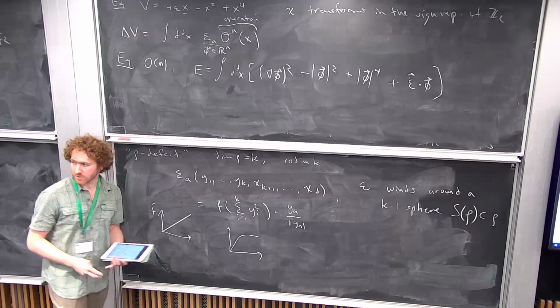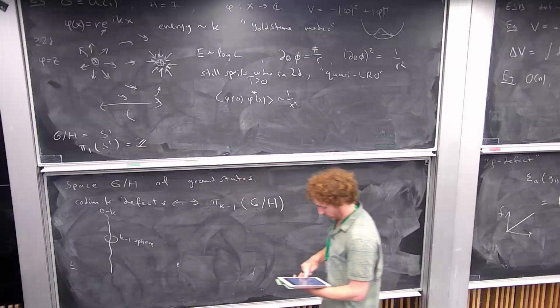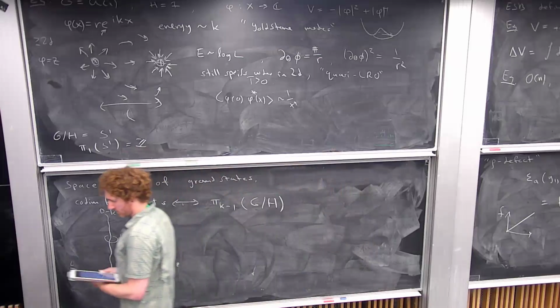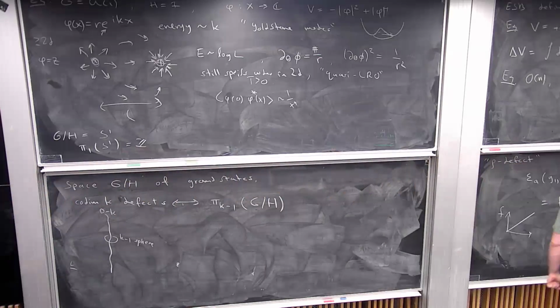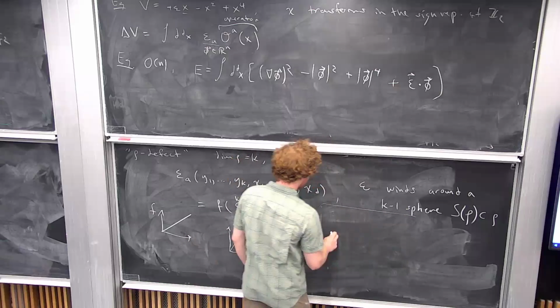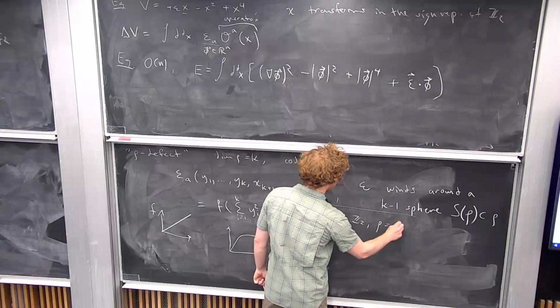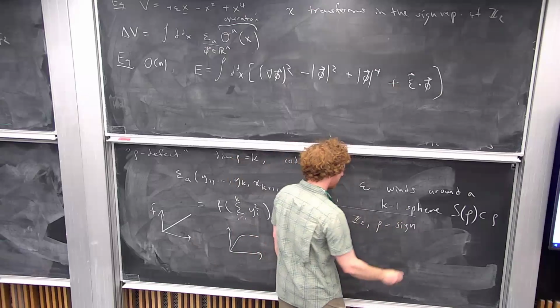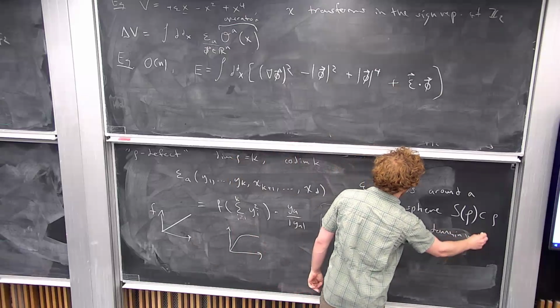And so for the case of Z2, the ones that we've seen so far are rho defects. So for example, if rho is the sign rep, then you get essentially a domain wall.